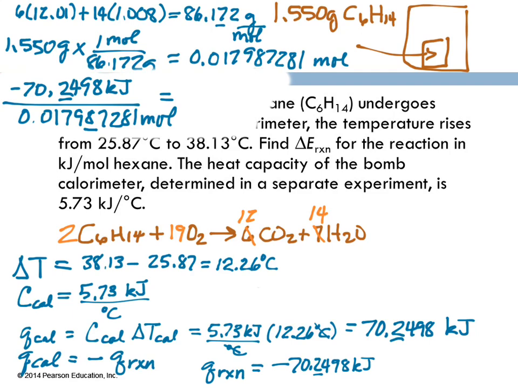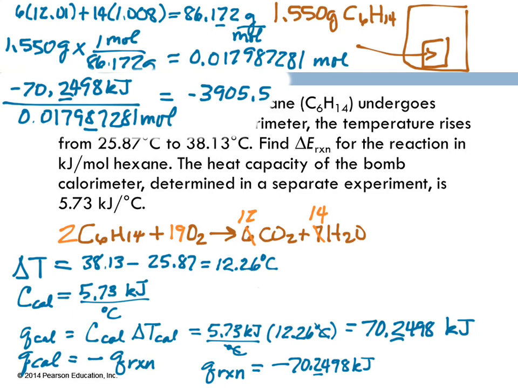Okay, so I just underlined my sig figs so I wouldn't get confused. I still have that number in my calculator. I'm just going to reciprocate it, upside down it, and multiply by negative 70.2498. And I come up with minus 3905.5.